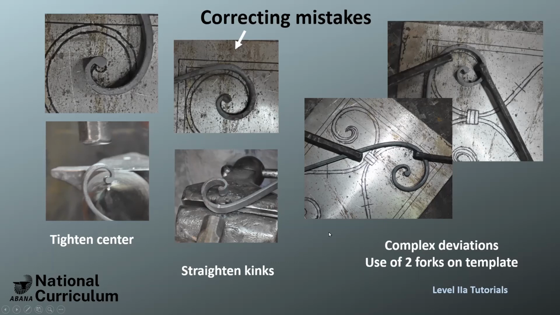If you have kind of complex deviations, or you're very close to the final shape, what I often do is I heat up a wide section and I put my piece on my sheet metal with my drawing, and then use 2 scrolling forks.